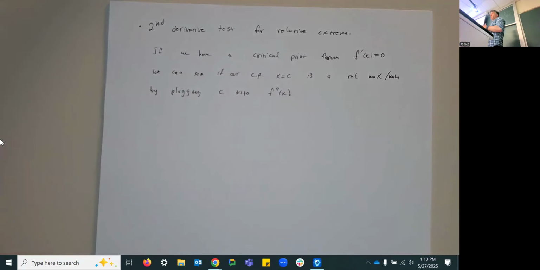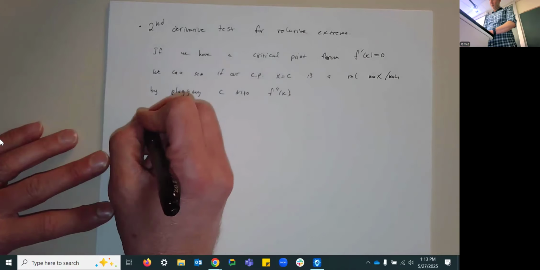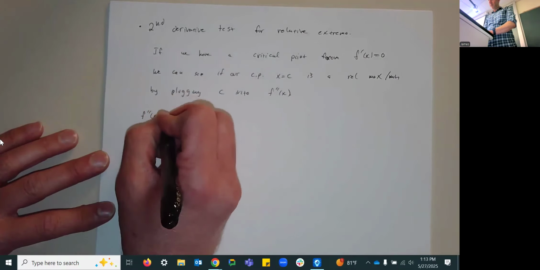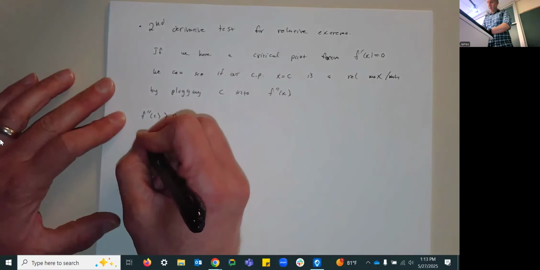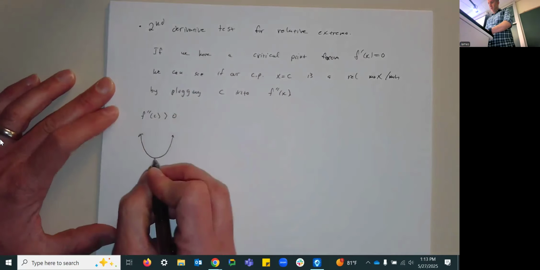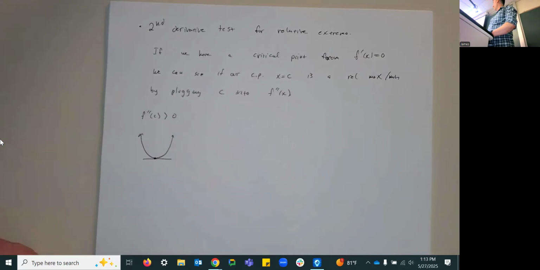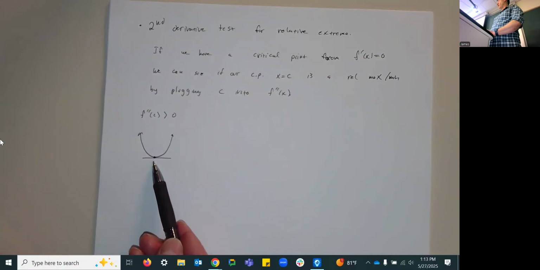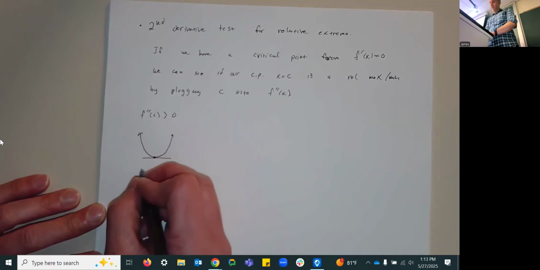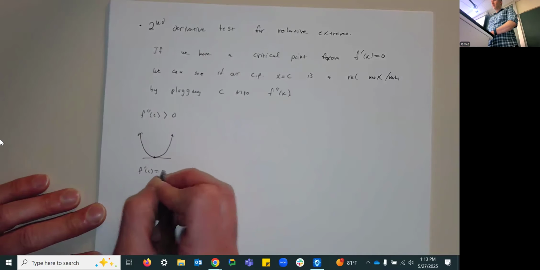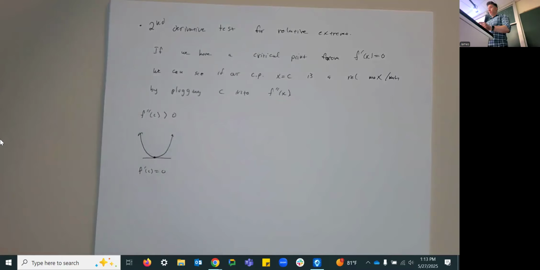Because here's what's going to happen. If f double prime of C is positive, that means your function is concave up. But if your function is concave up and your first derivative is 0, meaning you have a horizontal tangent line, does that look like it's going to be a relative max or a relative min? Definitely looks like a minimum. So if your second derivative is positive and your first derivative is equal to 0, you have a relative minimum at that point.